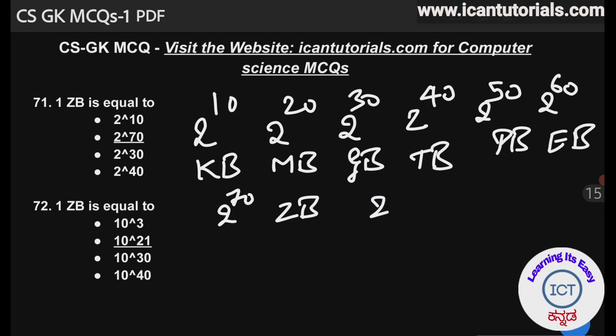After that, 2 to power of 80 is yottabyte. These are expressed with base 2.